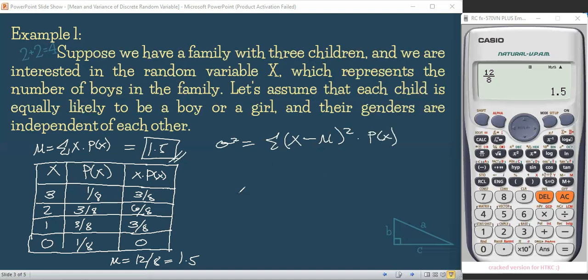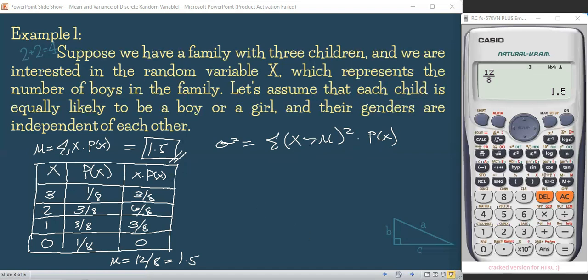Meron na po tayong x, meron na rin po tayong mean, which is 1.5, at meron din po tayong p of x. Kailangan lang natin i-get ang difference ng random variable minus the mean, square it, then multiply it by p of x. Then kunin po uli yung summation, that is already our variance.